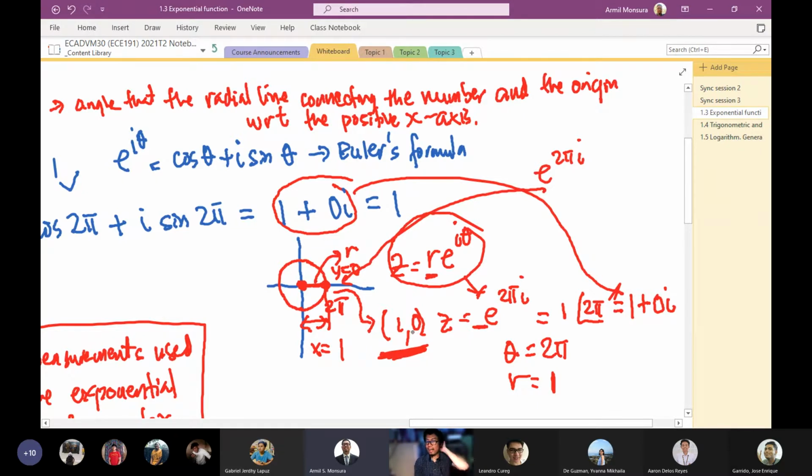Okay? So actually kaya ko inano to kasi kailangan sa mga gantong it really needs your mastery. This really needs your mastery kasi if you would not interpret this in terms of its geometry, in terms of the coordinate system, mahihirapan din kayong intindihin siya conceptually.